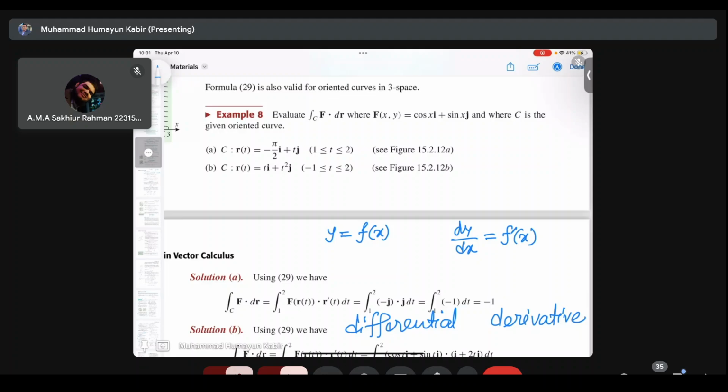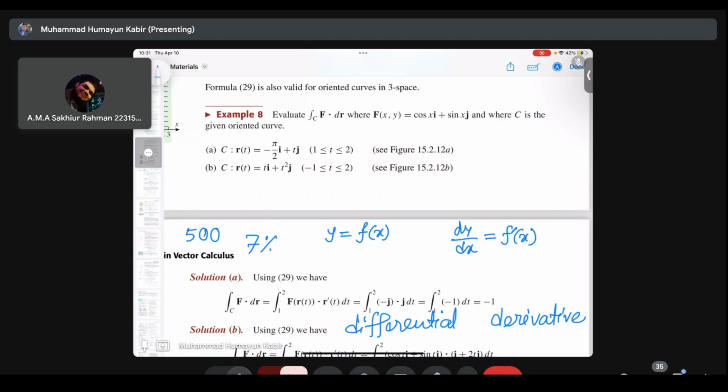Let me give a very simple example. We don't have much time. Suppose today you deposit 500 taka in your bank account, and the bank will give you 7% interest on that amount. After 1 year, how much money are you expecting?